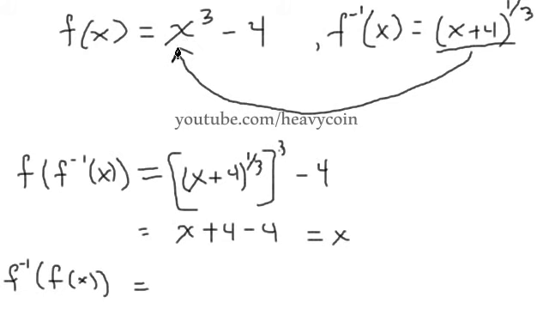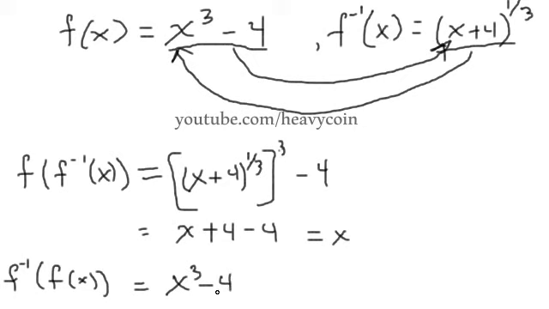And that means we're going to take this whole piece now and plug it into this x right here. So we're going to have x cubed minus 4, and then plus 4, and the whole thing raised to 1/3.